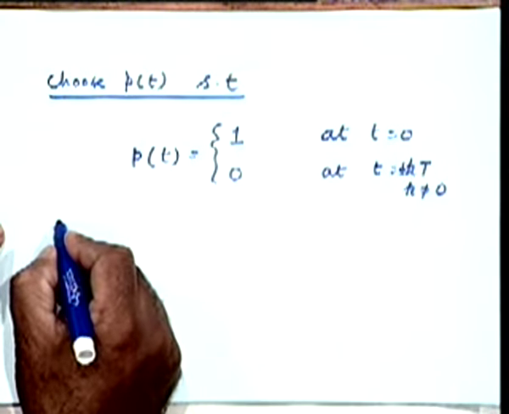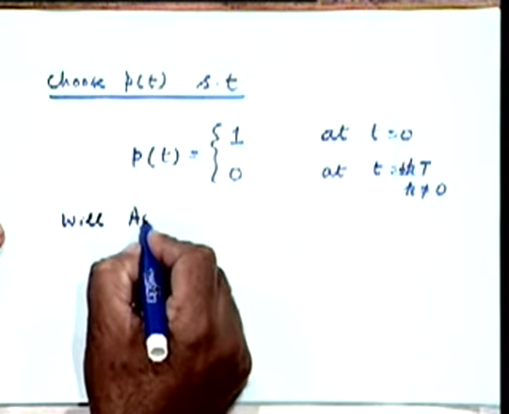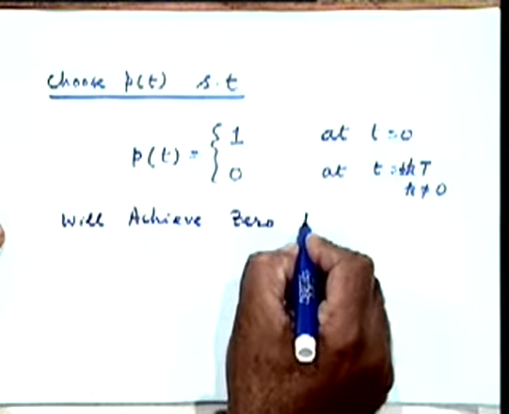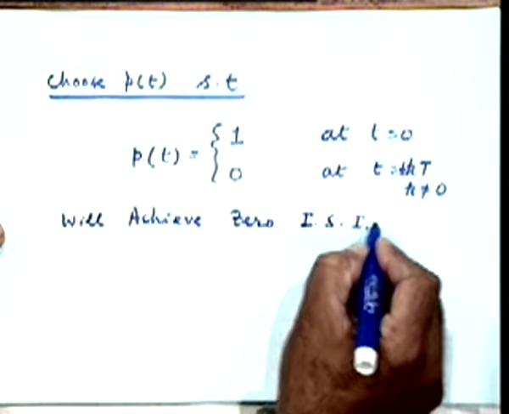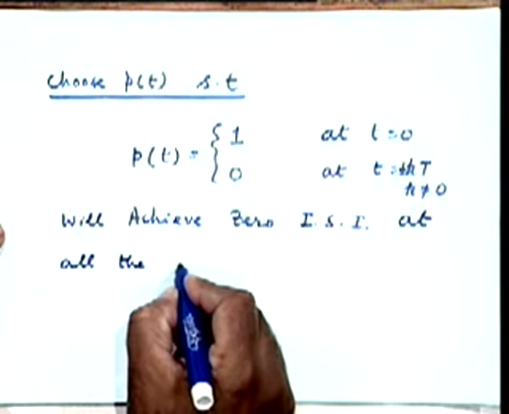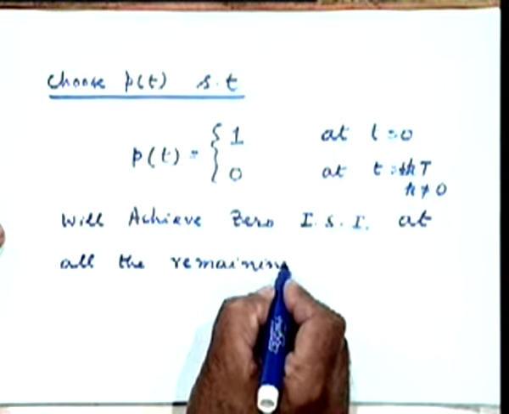So such a pulse shape will achieve zero inter-symbol interference at all the remaining sampling instants.